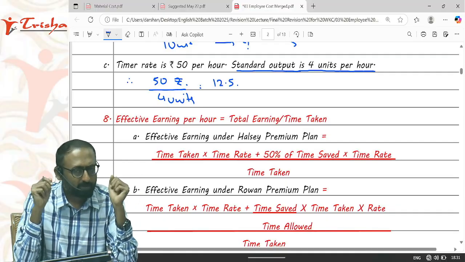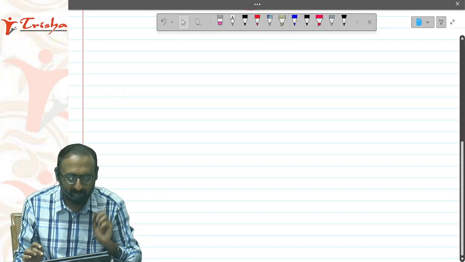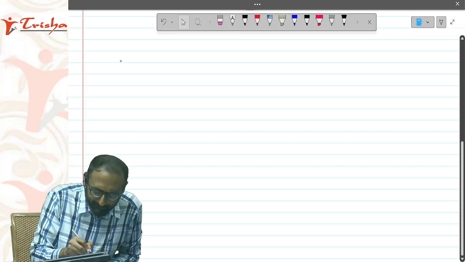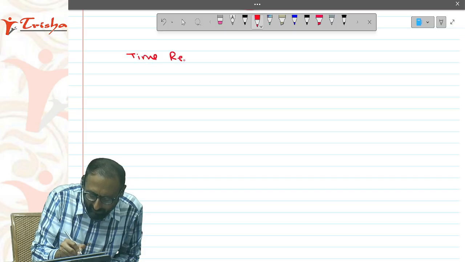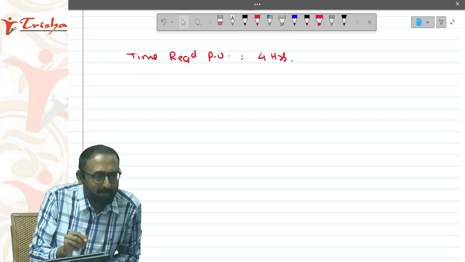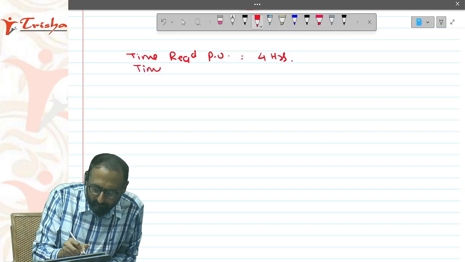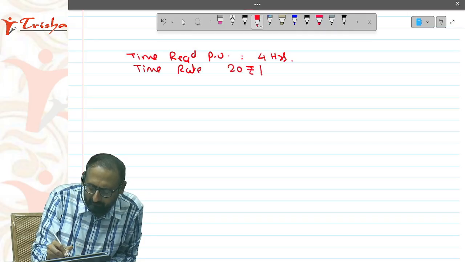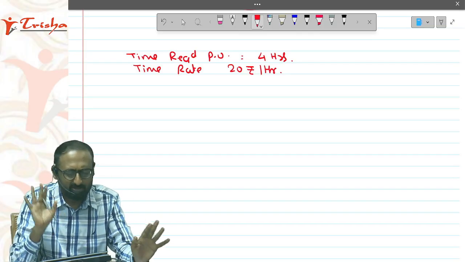Next one. I'll give you one more question to solve. Everyone, please try this. Time required per unit is 4 hours. Time rate is 20 rupees. Calculate piece rate. I have changed the question, guys.